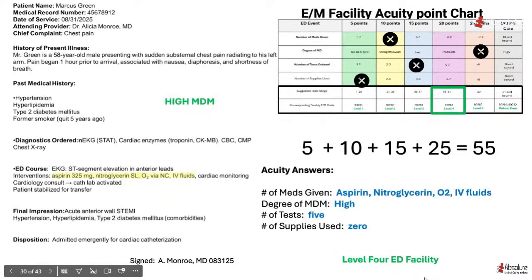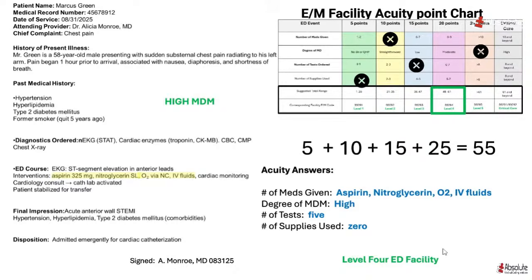Level 4 is 99284. And this level 4 facility does not match the MDM, the 99285 score for the E&M code. The E&M code will be 99285 and the facility is 99284.